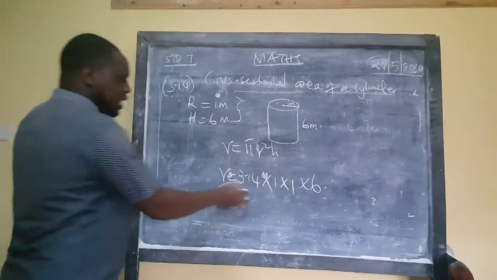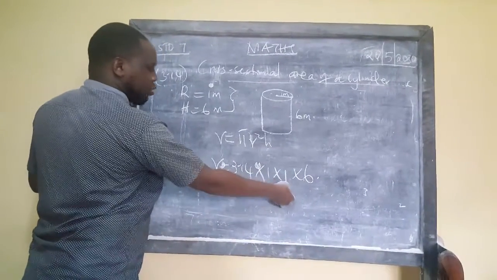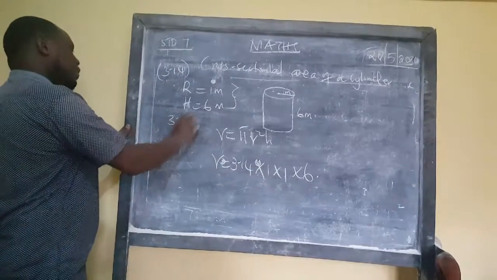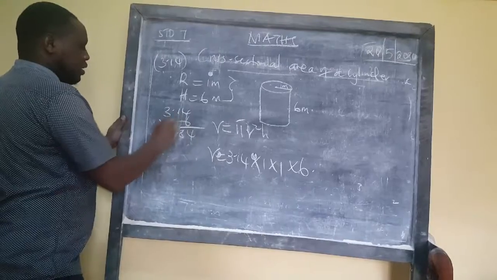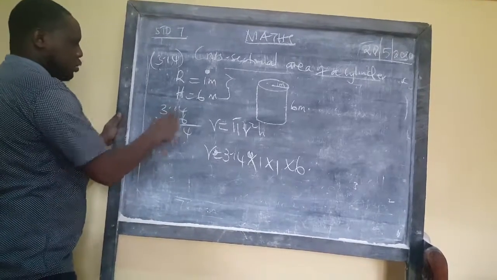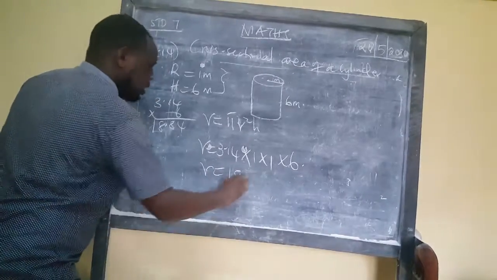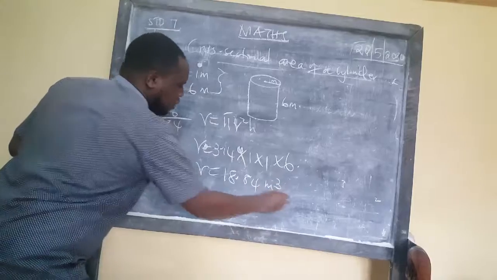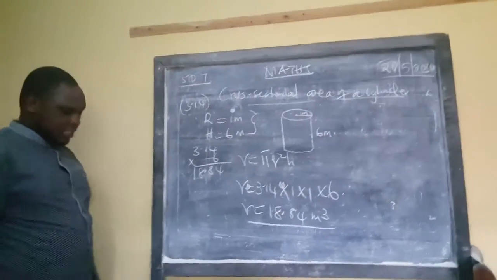Simple as that. 3.14 times 1 times 1, times 6. This will give you 3.14 already. Then times 6. So 3.14 times 6. 6 times 4 is 24, carry 2, 6 times 1 is 6 plus 2 is 8, 6 times 3 is 18. So our volume is going to be 18.84 meters cubed. So that's how we get it.